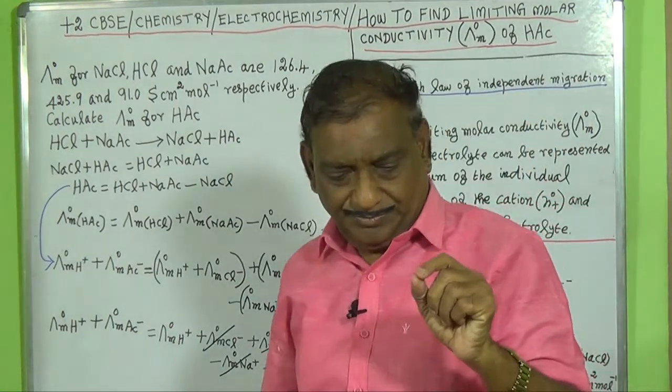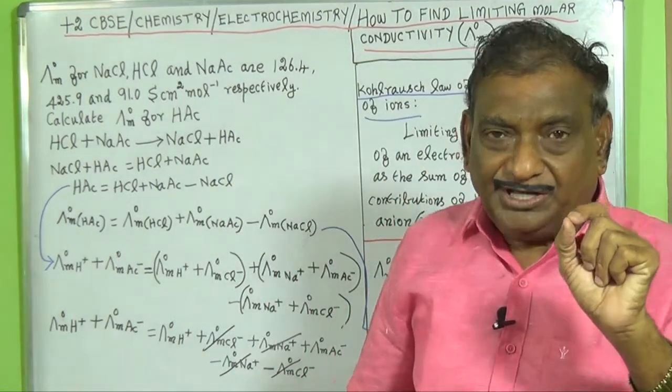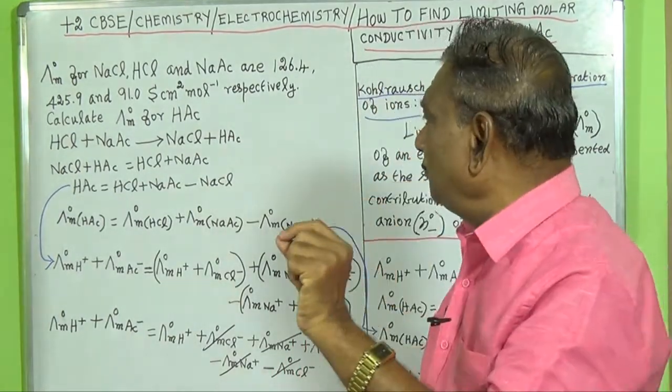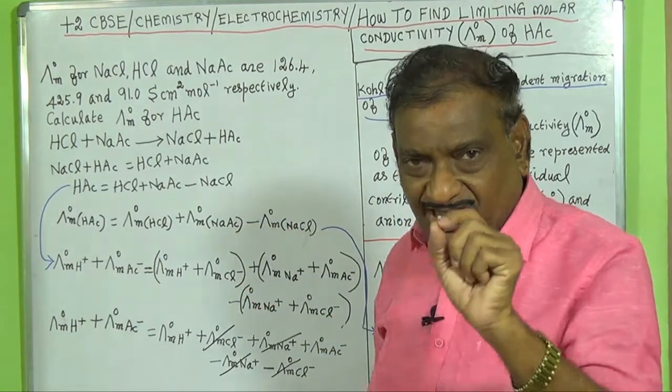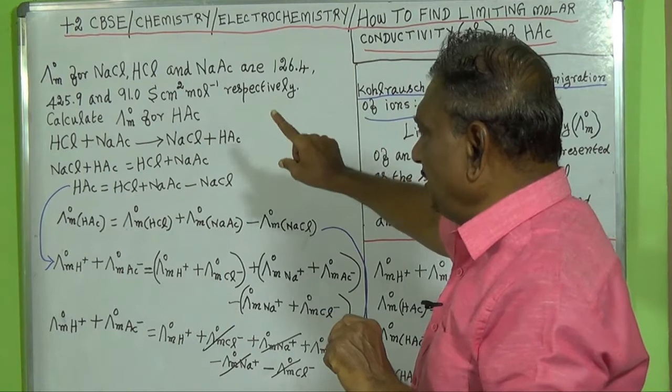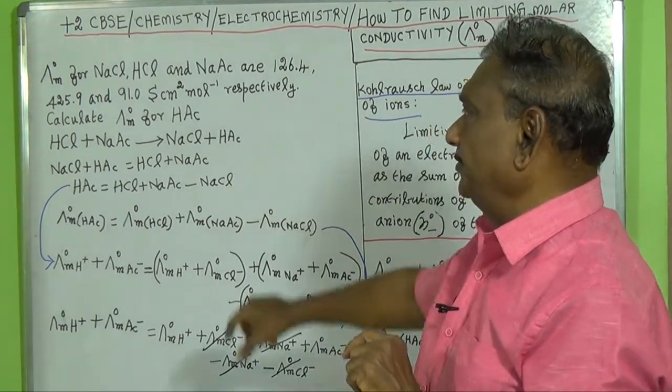In this sum, the limiting molar conductivity, that is lambda m naught, of sodium chloride is given as 126.4 Siemens centimeter square per mole.